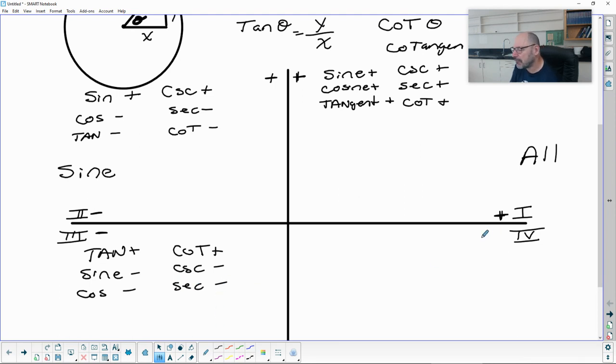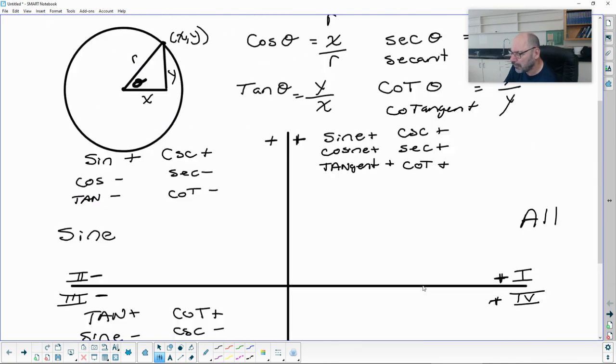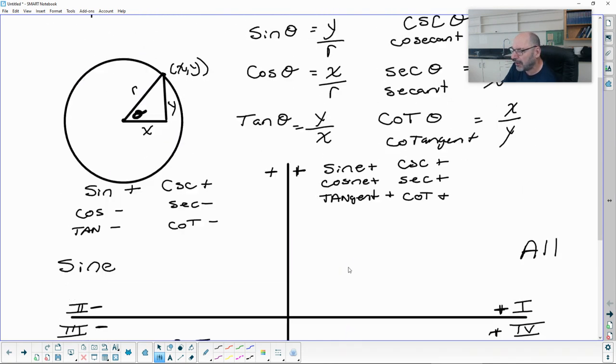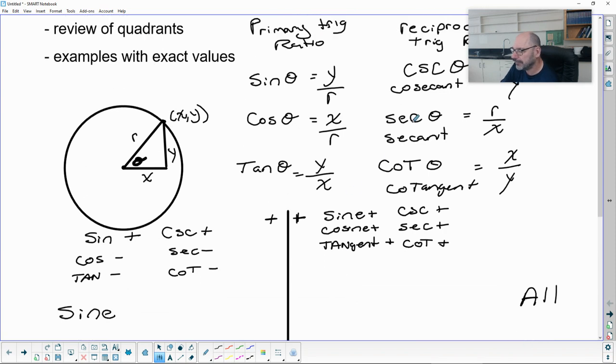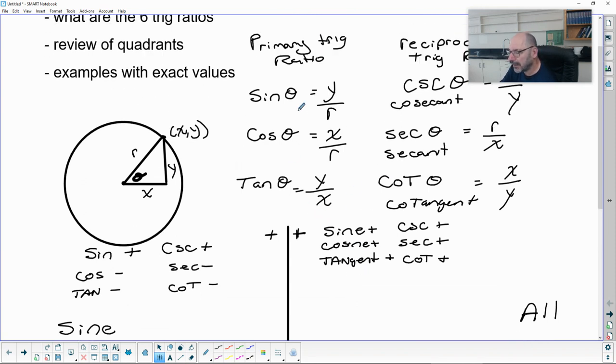Okay, and the last one, we've got a positive x and a negative y. So thinking about that, anything with a y in it and an r in it is negative. Anything with an x in it and an r in it is positive. The y with the r is negative. The x with the r is positive. And y over x is negative.